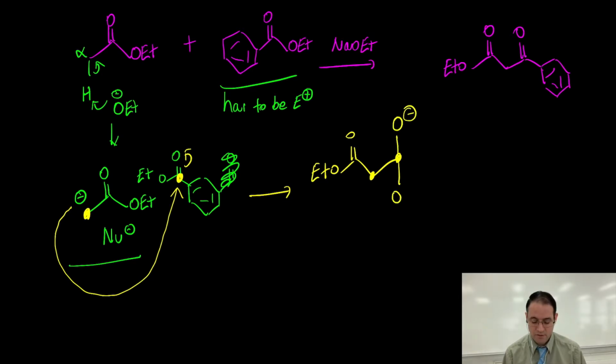So you're going to get that tetrahedral intermediate. Okay, the tetrahedral intermediate collapses by elimination of ethoxide.